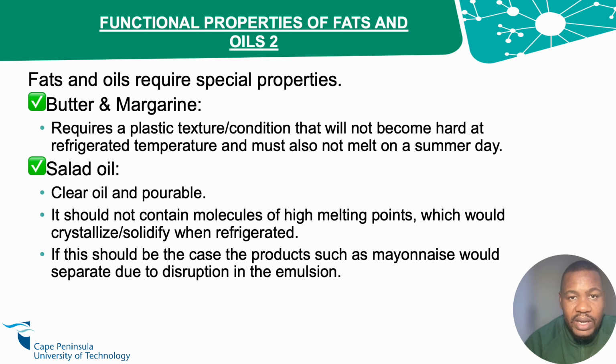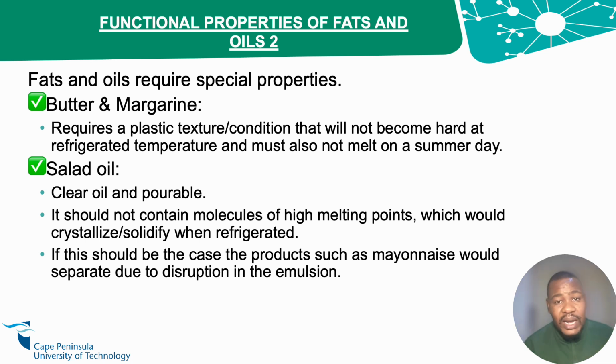some of the applications. What we food manufacturers require from products such as butter and margarine is that they must exhibit a plastic texture or consistency that remains spreadable even when the product is refrigerated.